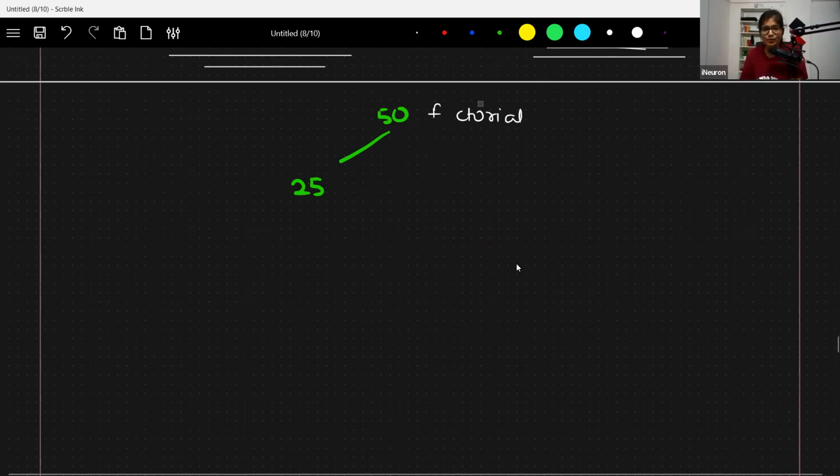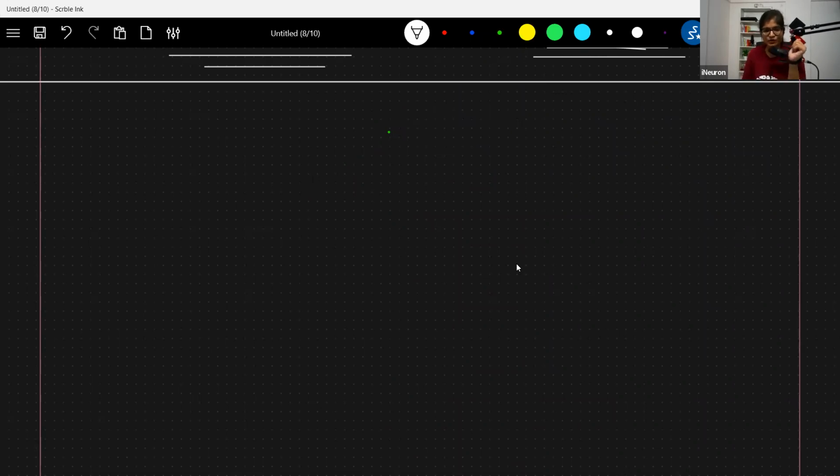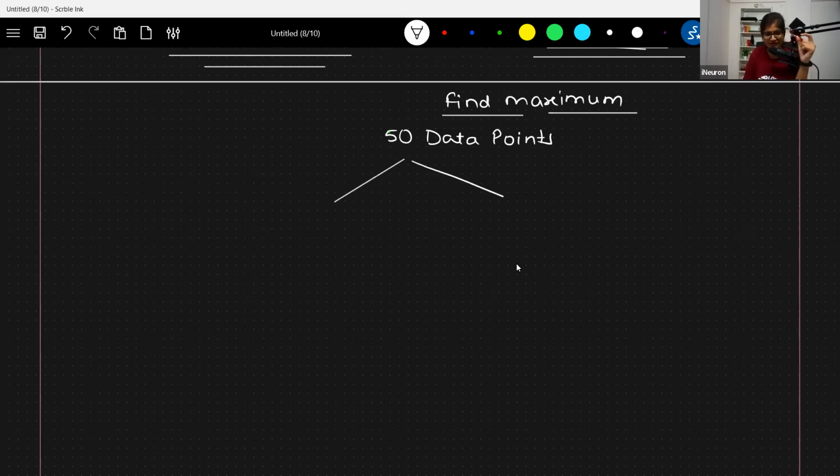Or maybe suppose you are trying to find a maximum or minimum. Let's say maximum. Suppose I give you records of 50 data points. Your task is to find the maximum of these 50 elements. So you split your data into 2 parts.